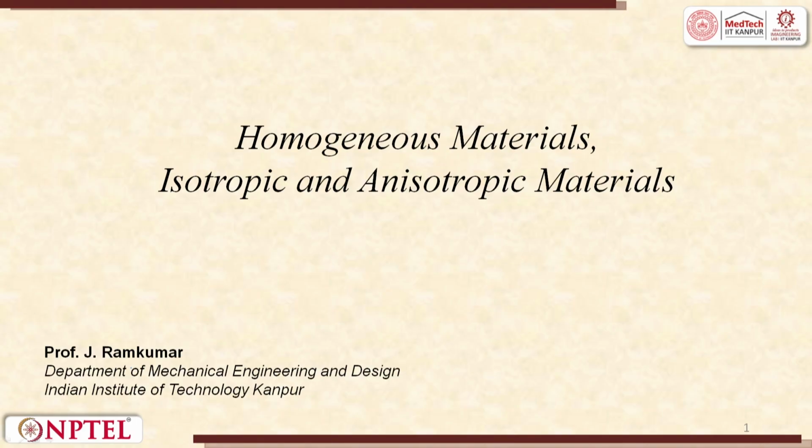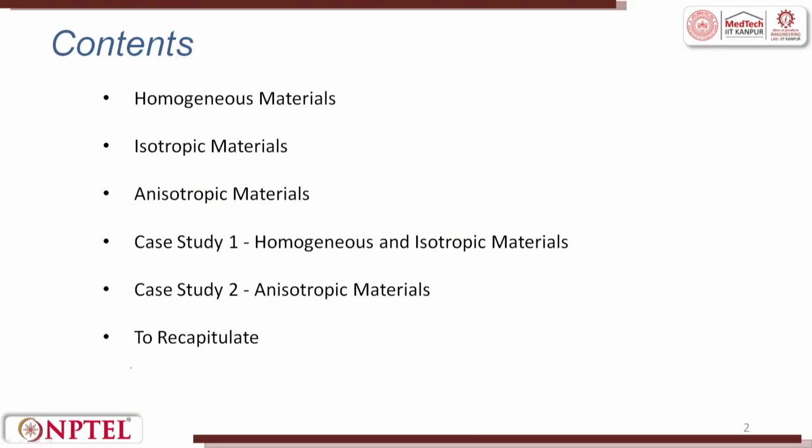Saying this, we would try to have this lecture on homogeneous material, isotropic and anisotropic material. The content of this lecture is going to be homogeneous material, isotropic material, anisotropic material.